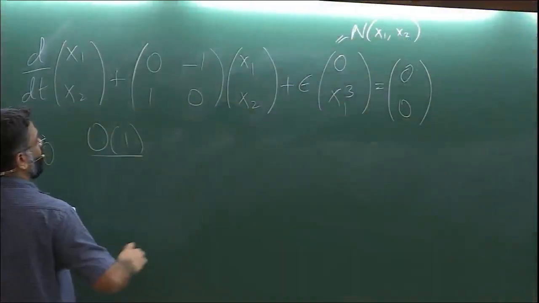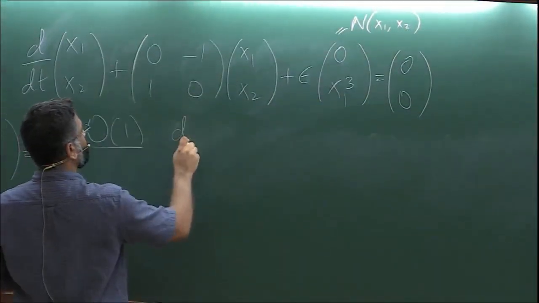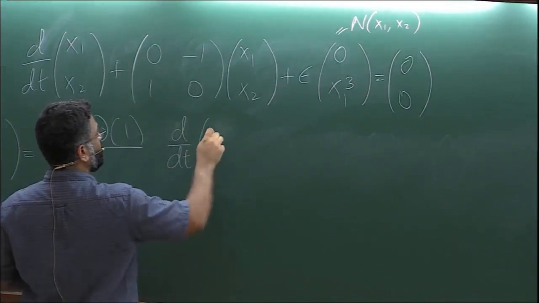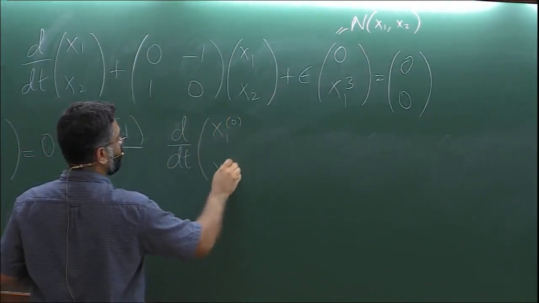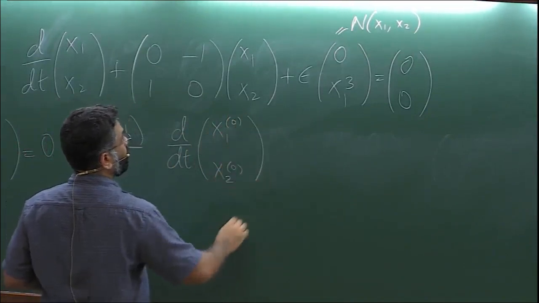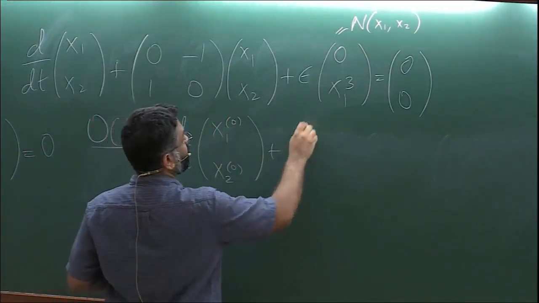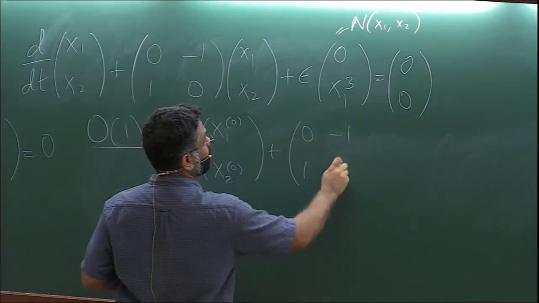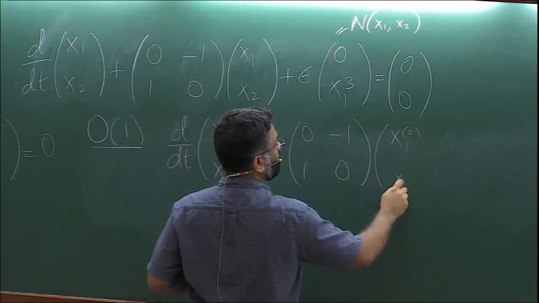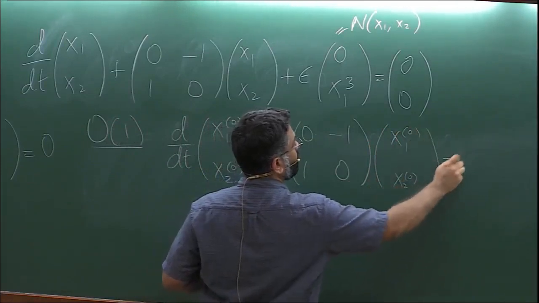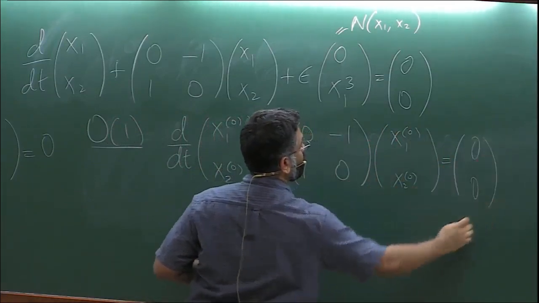Okay, so order 1: d/dt (x1,0, x2,0) plus the matrix (0, -1; 1, 0) times (x1,0, x2,0) is (0, 0).